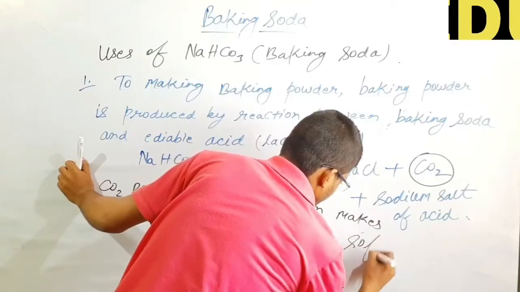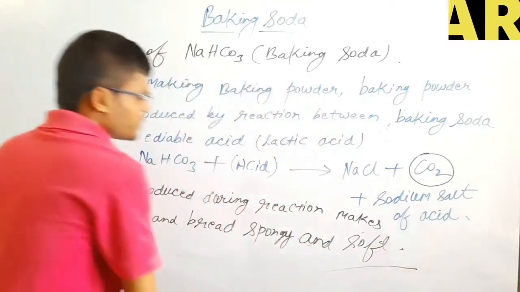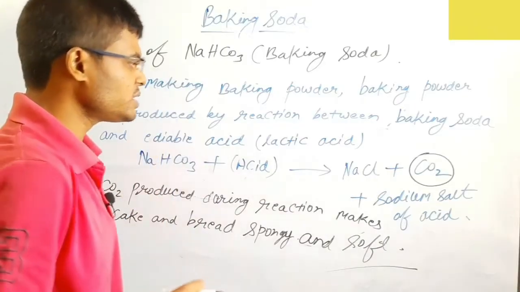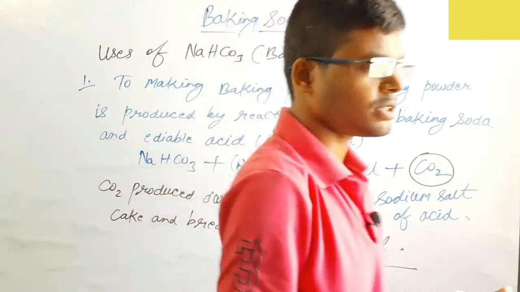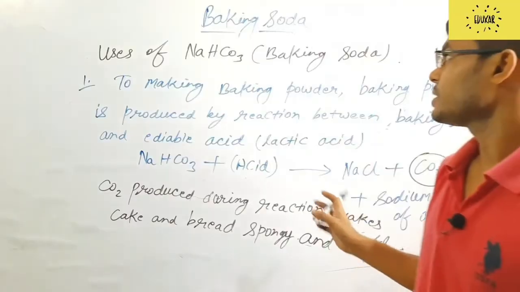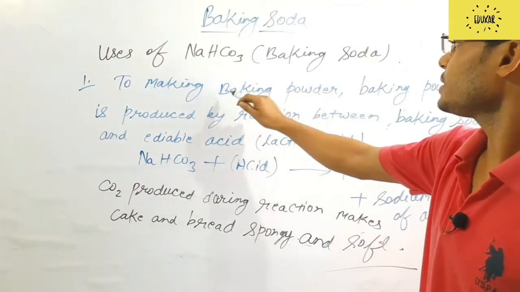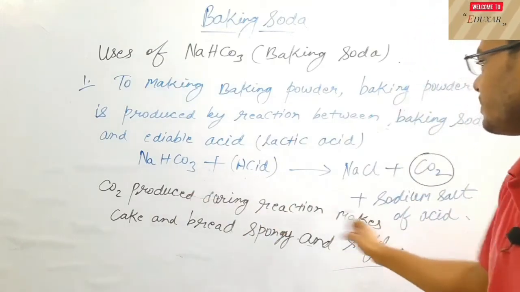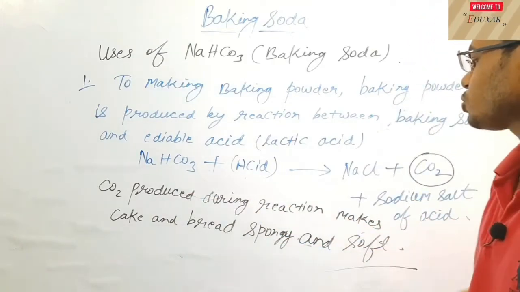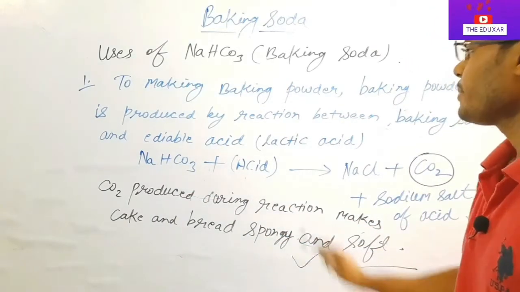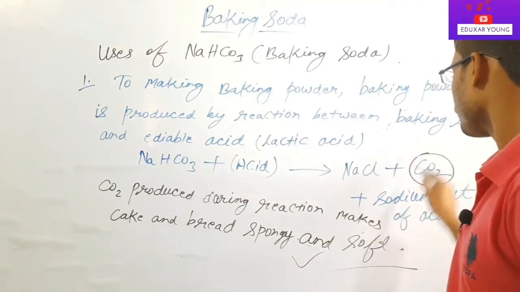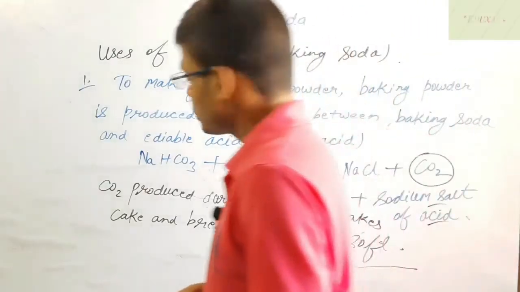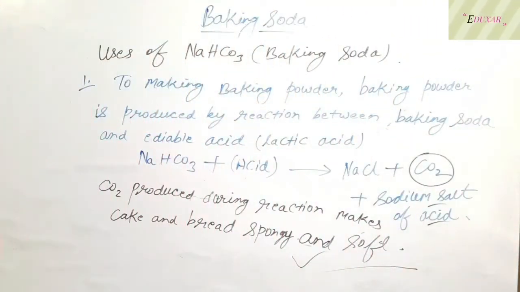Also write down like this. Okay, so the first use is related to this. There is a question in your exam related to this, the uses of baking soda. CO2 produced during the reaction makes the cake and bread spongy and soft. Why? Because it produces the CO2 from the sodium salt of the acid. Write it down or take a snapshot of it.